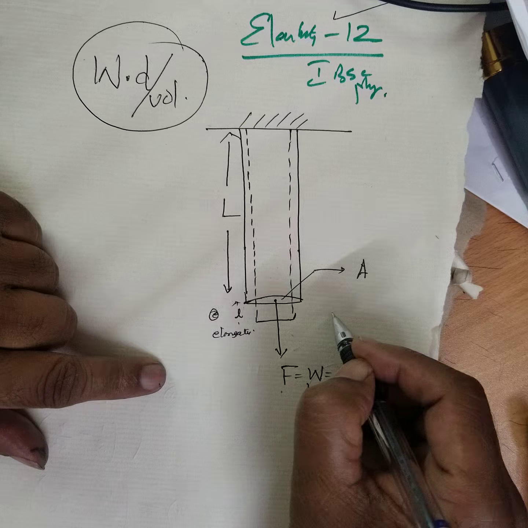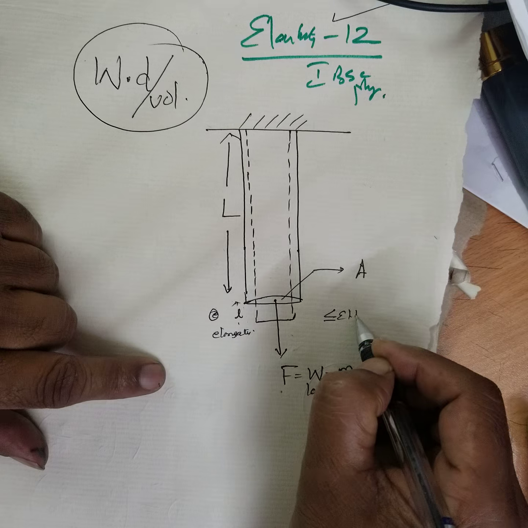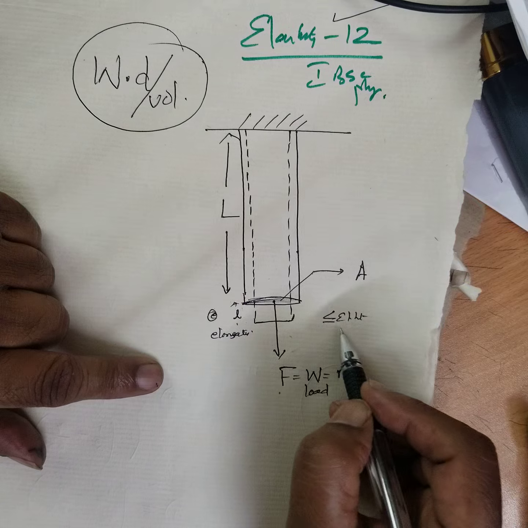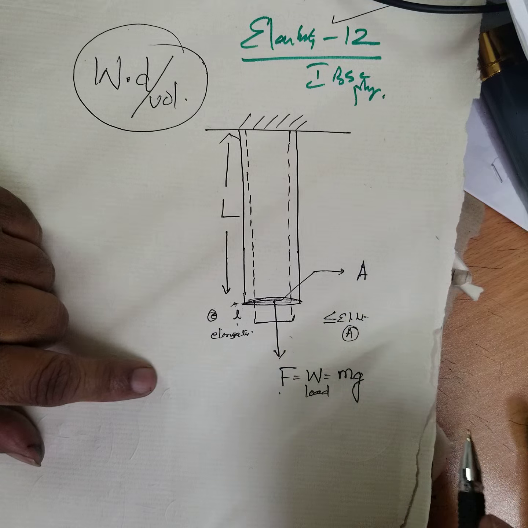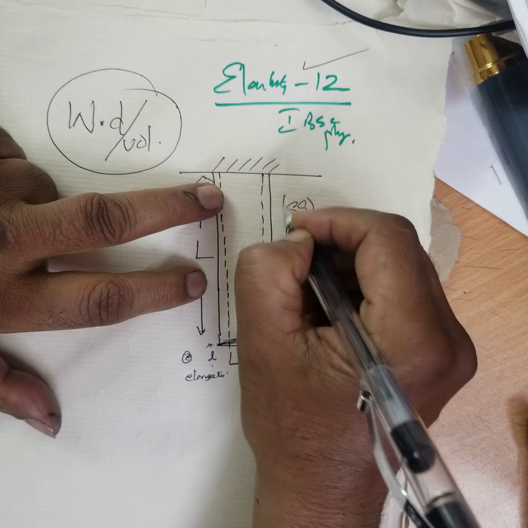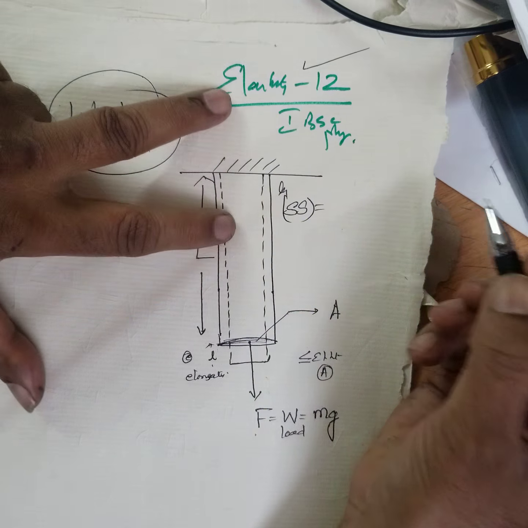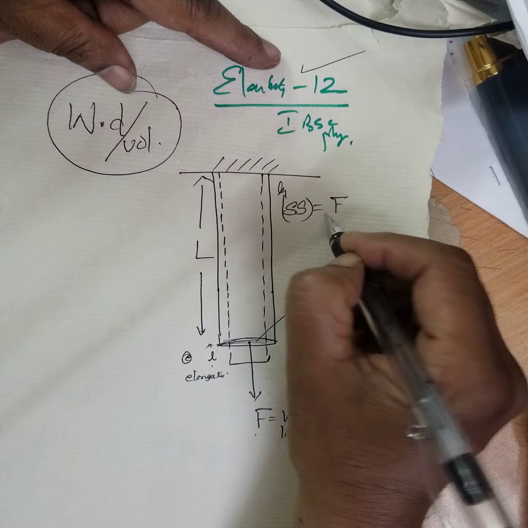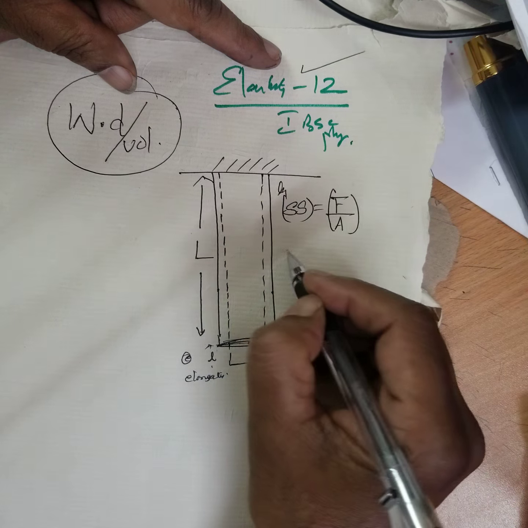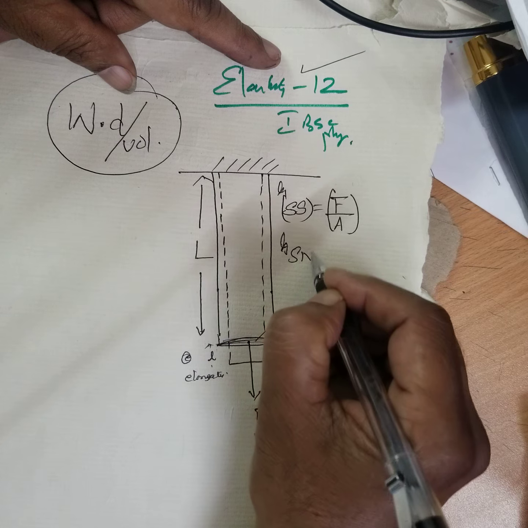And within the elastic limit, the area remains almost constant. Therefore, what is longitudinal stress? Stress is force per unit area. And what is the longitudinal strain?